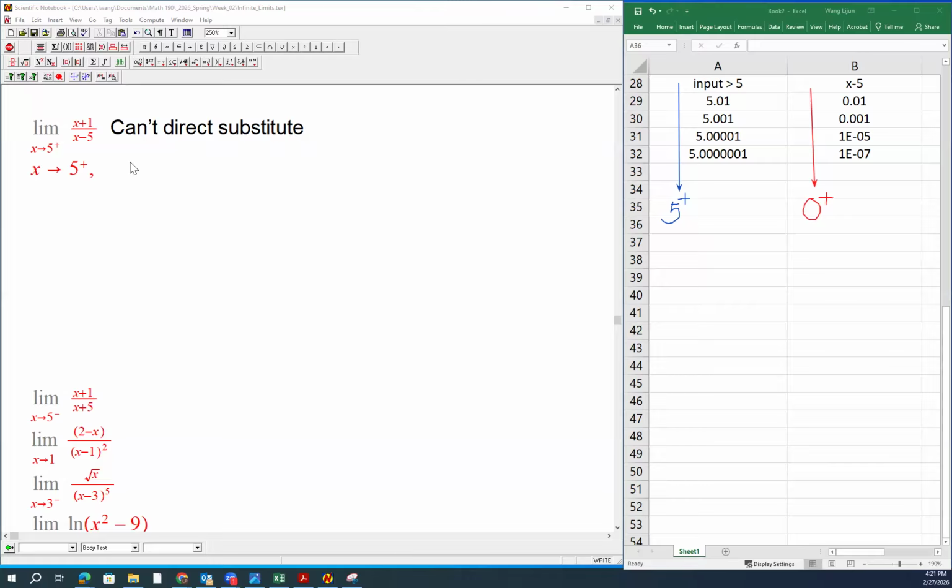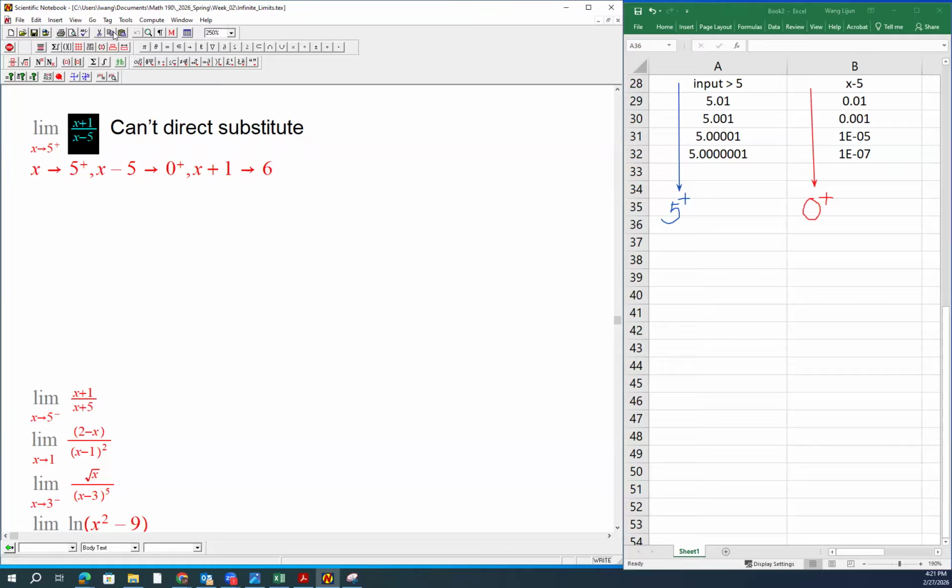So let me write it down with our notation. x minus 5 approaches 0 from larger than 0. And the numerator, on the other hand, which is x plus 1, is approaching 6. 6 is a finite number.